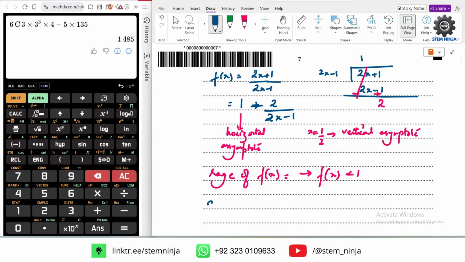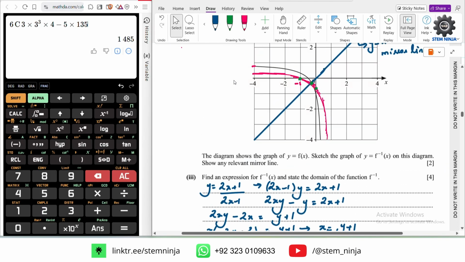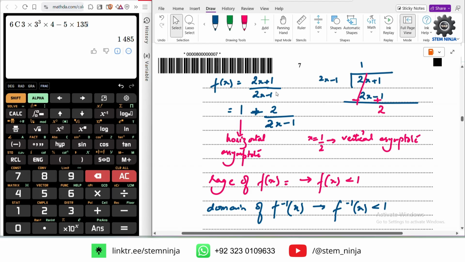So that means the domain of f inverse of x will also be x less than 1. Okay, and we have actually shown that also, right? So this is where the vertical asymptote will be. Alright, that's it. Let's move on to the next question.